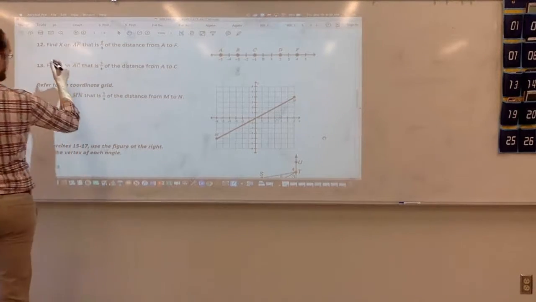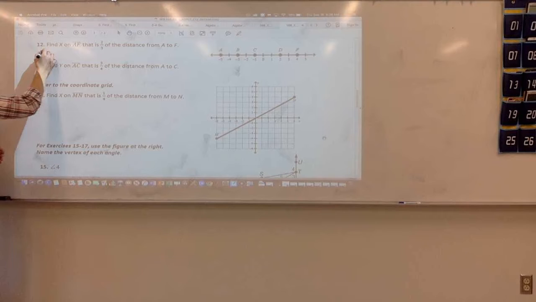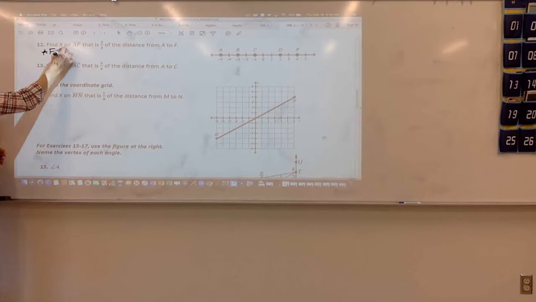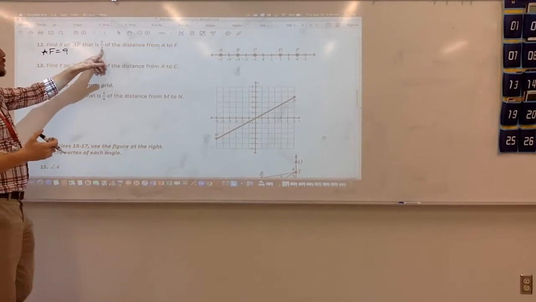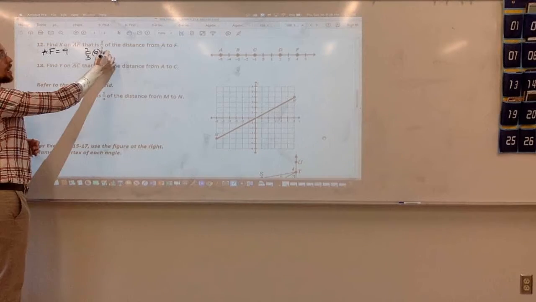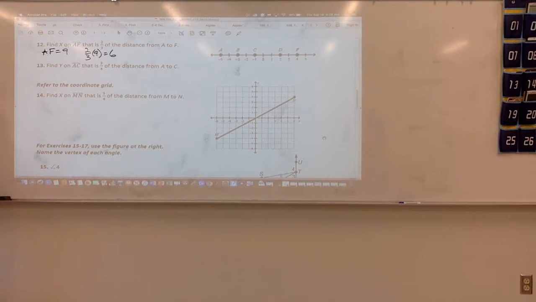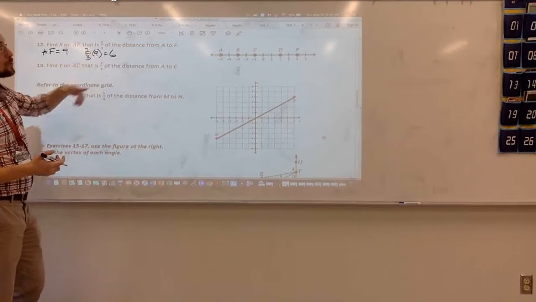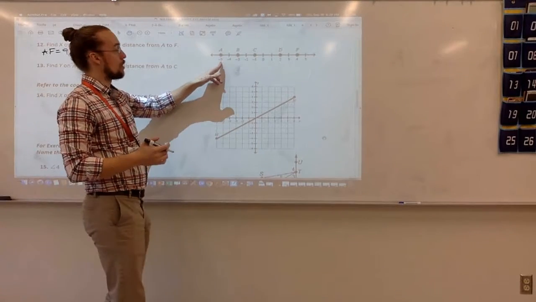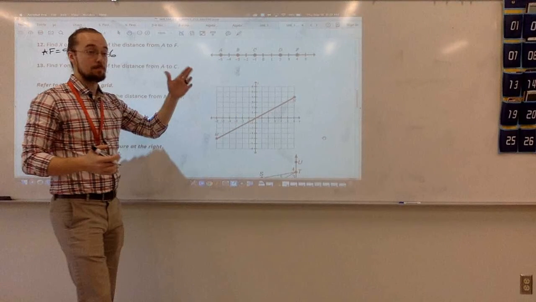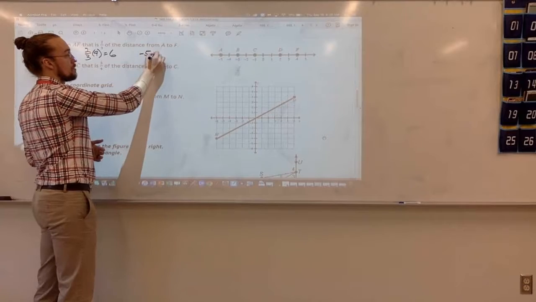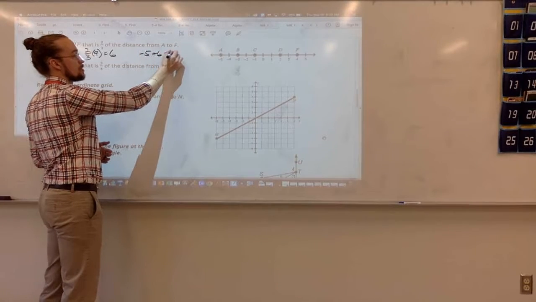So I can say my total distance from A to F is equal to 9. Then I want 2/3 of that total, which is 9. You can put that in the calculator to get 6. So this tells me I want to go 6 spaces from where I started. I was at -5. So if I'm starting at -5, going 6 spaces, I will end up at 1.